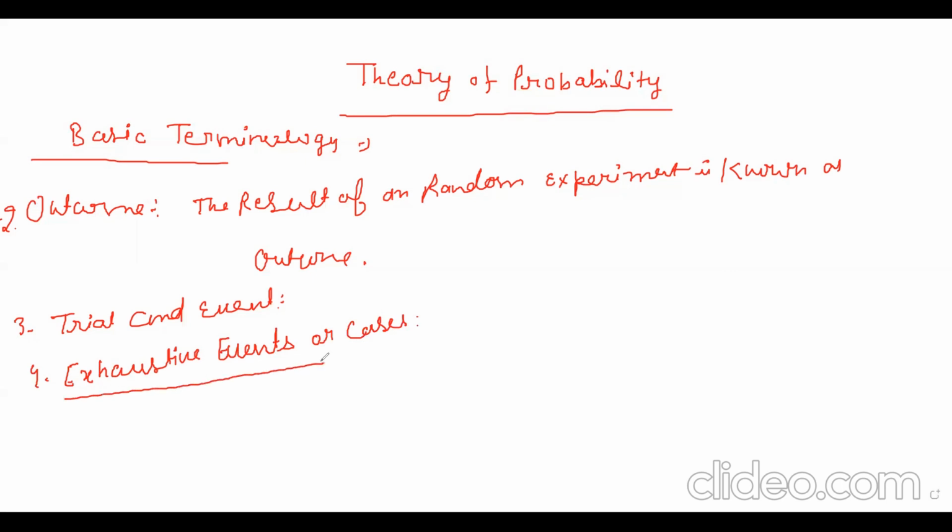The total number of possible outcomes of a random experiment is known as exhaustive events or cases.